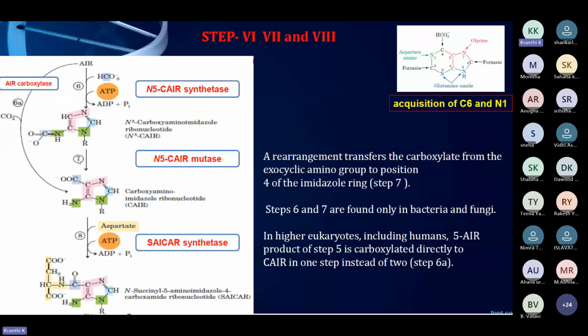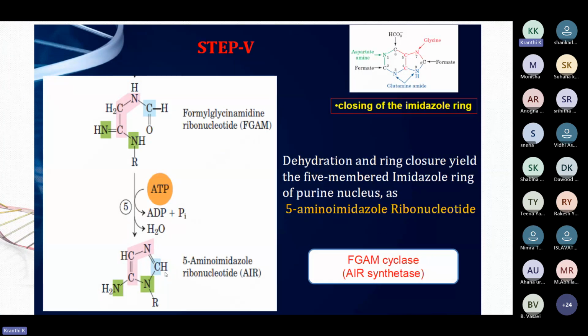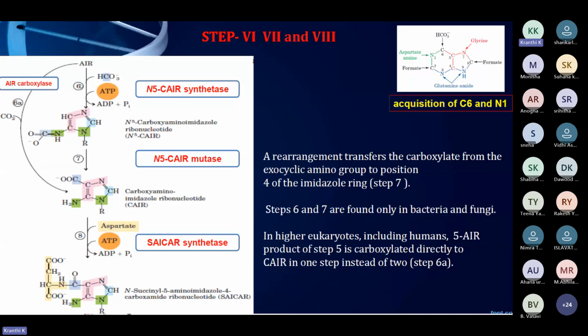So there won't be any sixth and seventh steps. Directly from the fifth step, after closing this imidazole ring, it will be modified and change its shape. But in prokaryotes like bacteria and fungi, some extra steps also will happen.